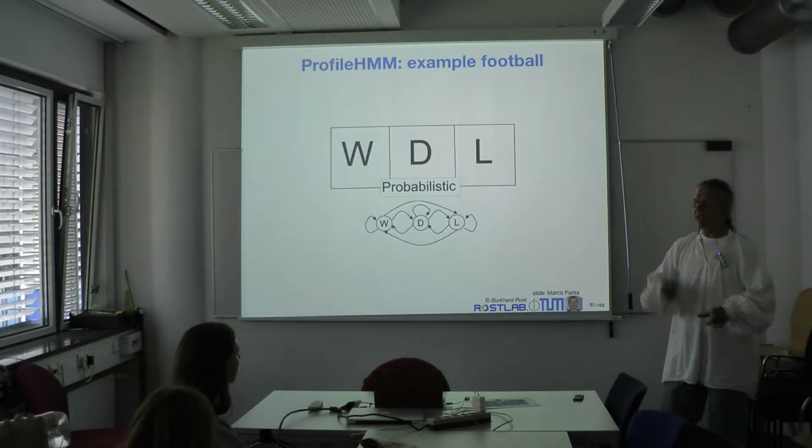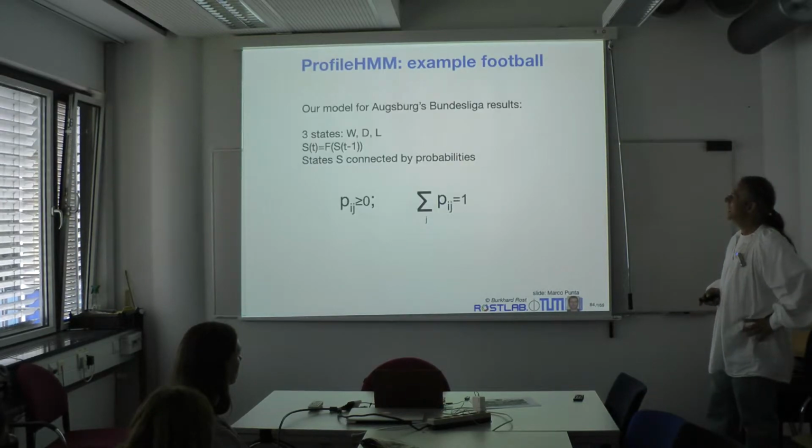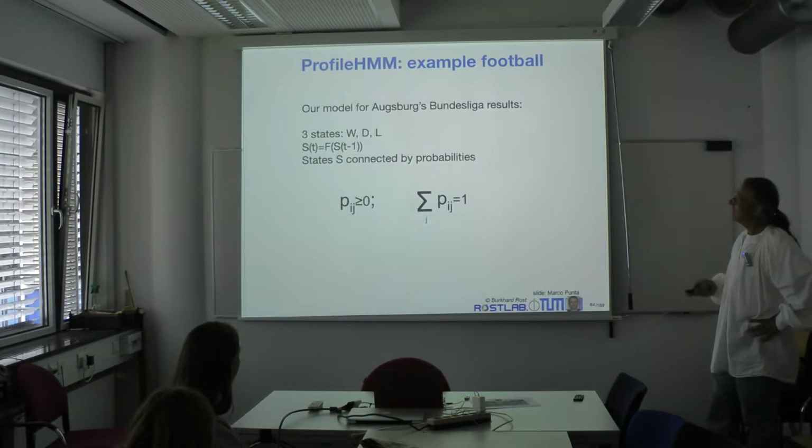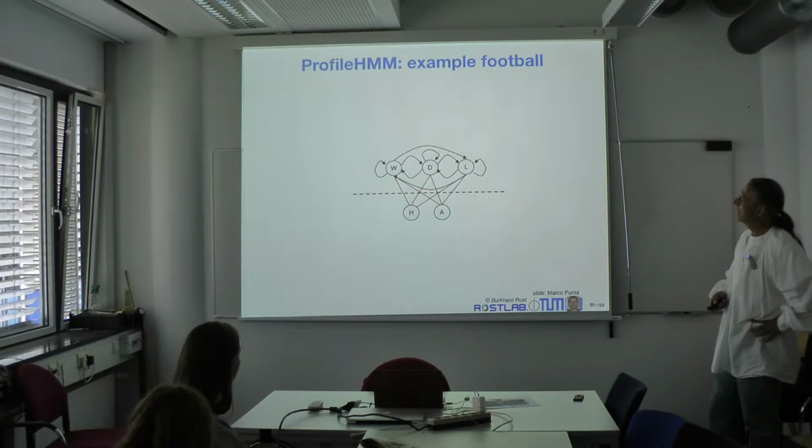I observed something today, I observed something yesterday, what will Augsburg play next? In our model, for instance, there are these three states, and they are connected by probabilities. They sum, of course, to 1. They are all probabilities between 0 and 1.